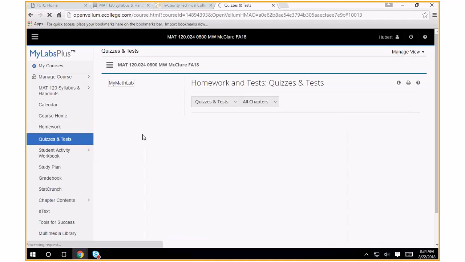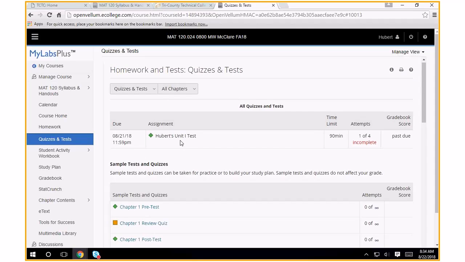Quizzes and tests. That's where you see your test. Now there's going to be somebody in here that's going to freak out because they see Unit 1 test, and it's due when? 8/21. What's today? Somebody in here is going to email me this afternoon and say, even though I'm saying this right now, I believe I saw a test due today. They're going to be doing all that.